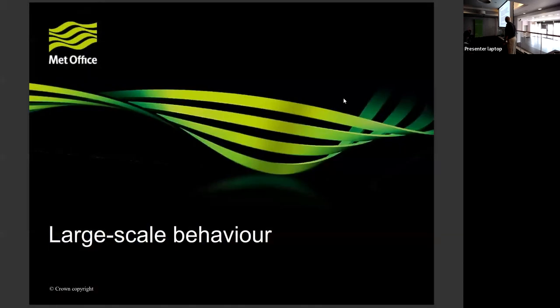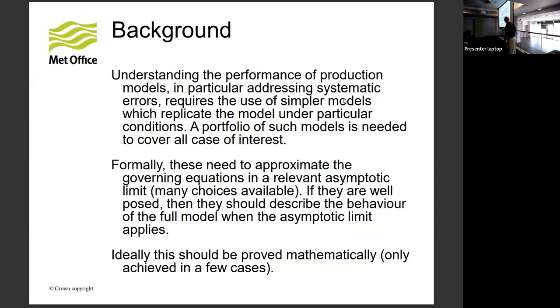Right. Okay. So my particular interest. One of the main applications of this is to understand systematic errors, and then obviously use simple models to understand that, and then try and work out how to fix the error. You'll see an example of that in the talk.